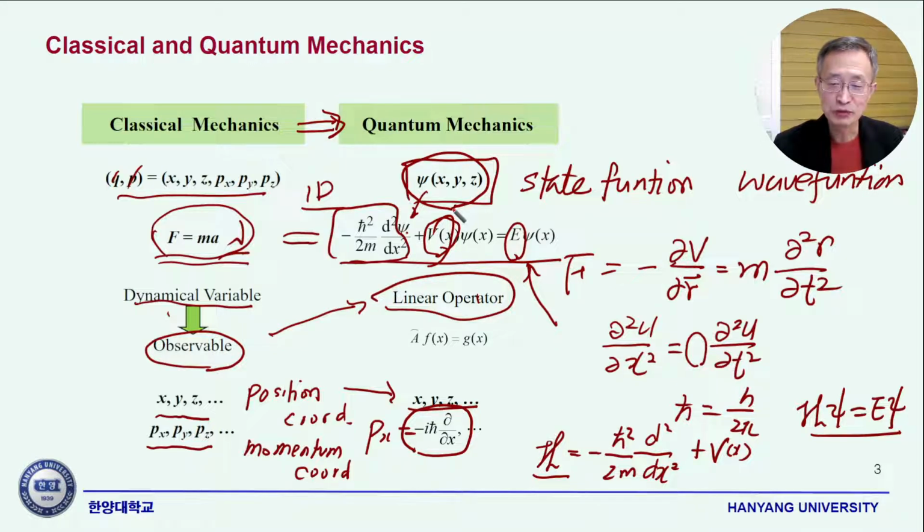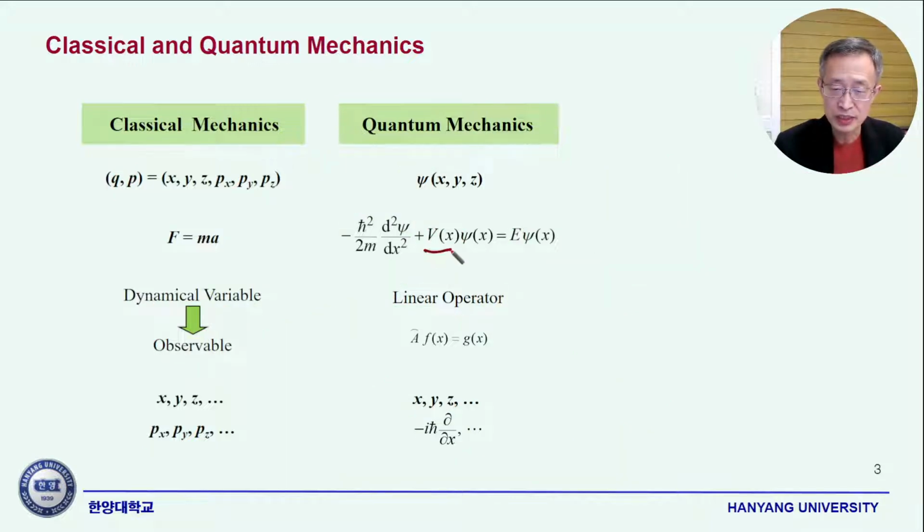So then what we need is the potential energy of the molecule. How is the potential energy expressed in terms of the coordinates of the molecular assembly?